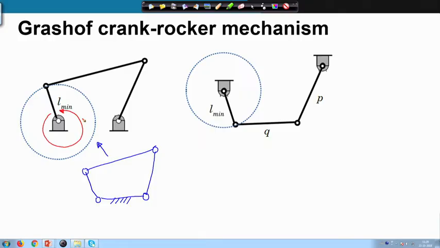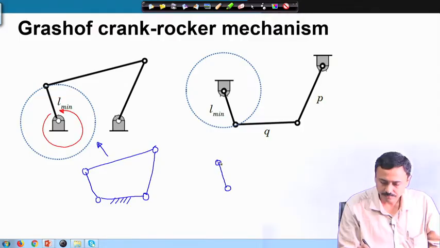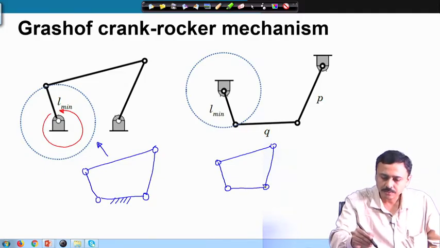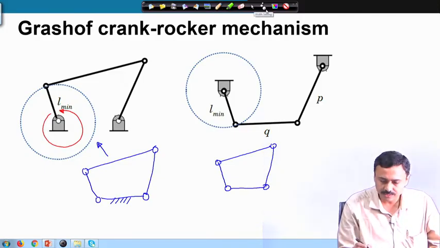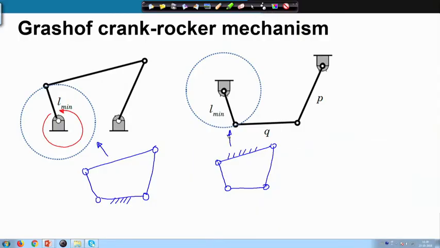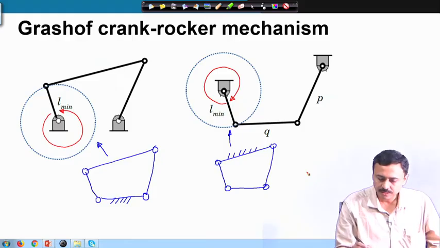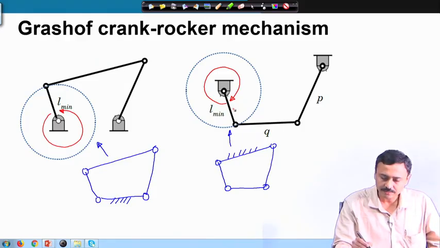Similarly, if instead of this link, now I fix this link, then I have this mechanism. Once again, this is the L min and it can rotate completely. Therefore, this is the crank.